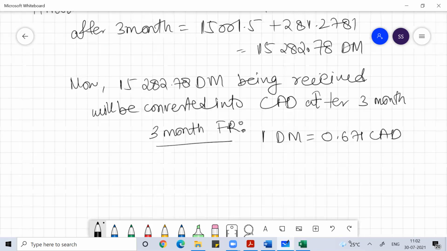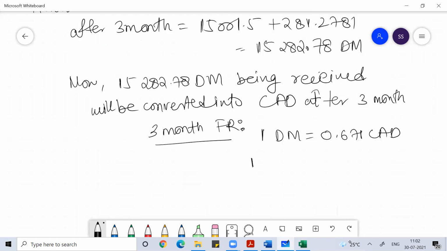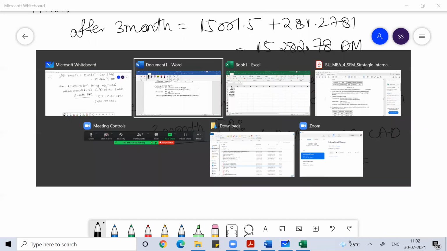So 15,282.78 Deutsche Mark is equal to how much Canadian dollar?